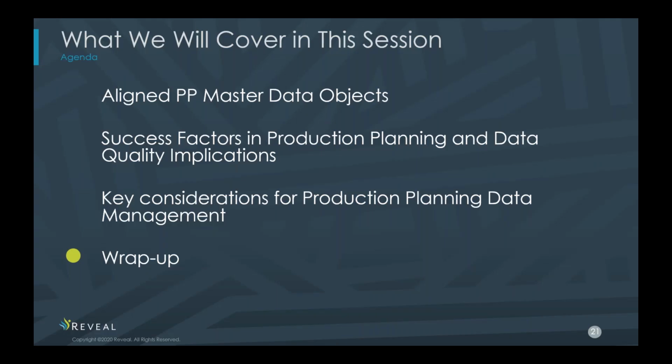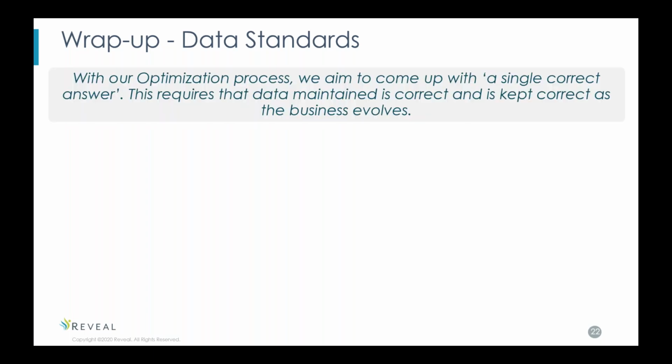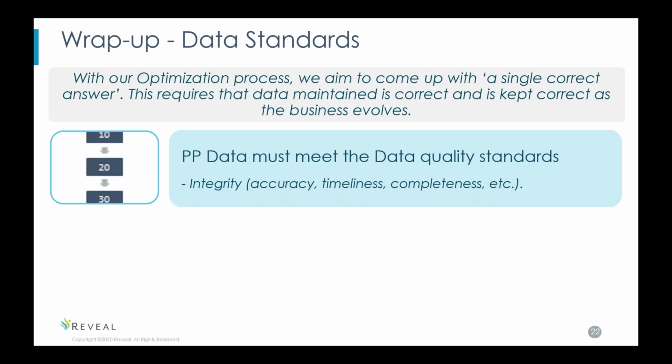Let me say this. We talked about data. So I want to make the statement that when somebody says the system told me so, what we want to be clear about is to say that is no longer acceptable. Your data sets and processes should not be so complicated as to be unusable. They must pass the data quality test of integrity.